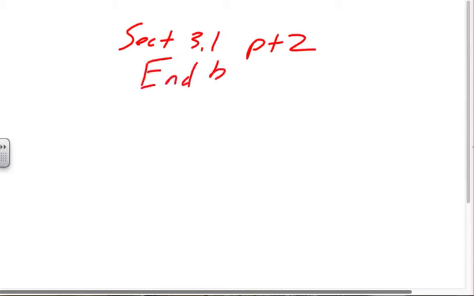Okay, so this is section 3.1. This is part 2 of the assignment. We're going to be talking about end behavior, which I talked a little bit about in the first one. I'm going to elaborate on it some more here.